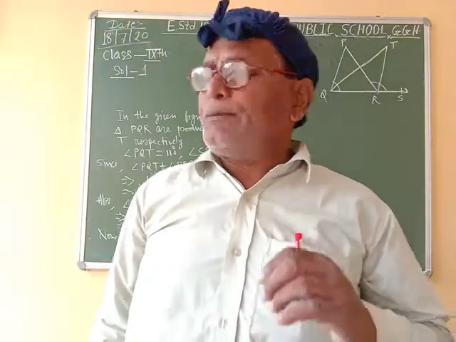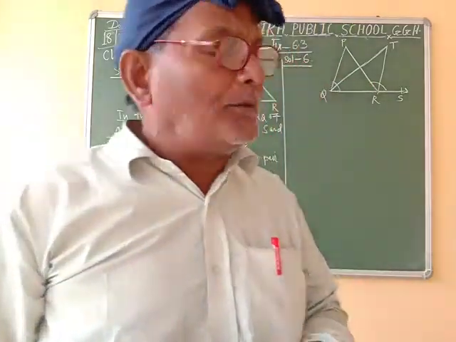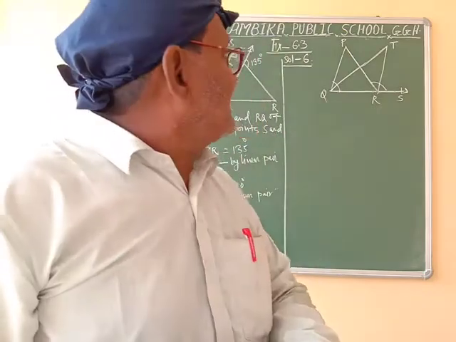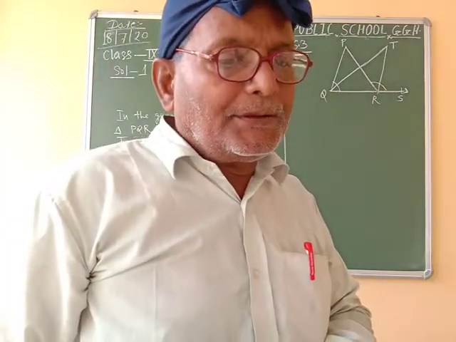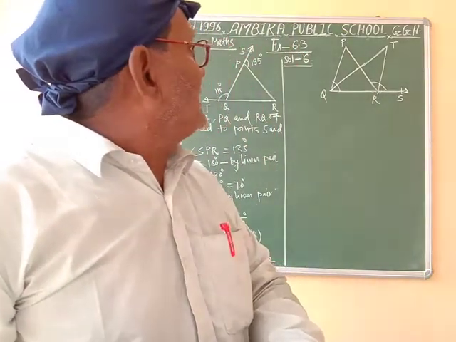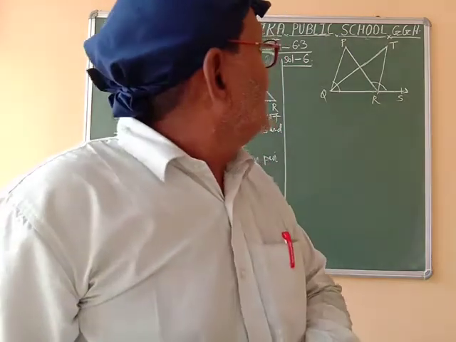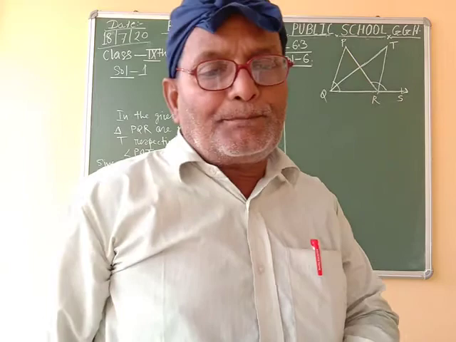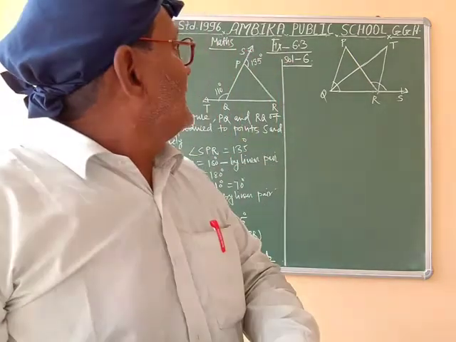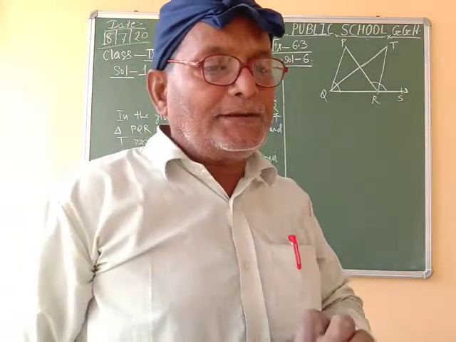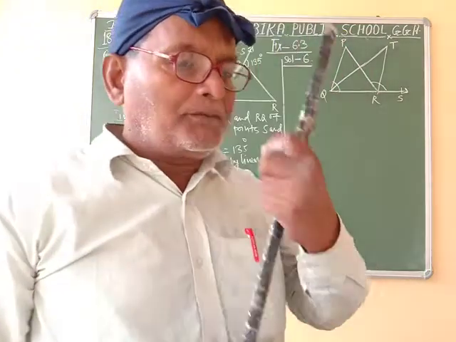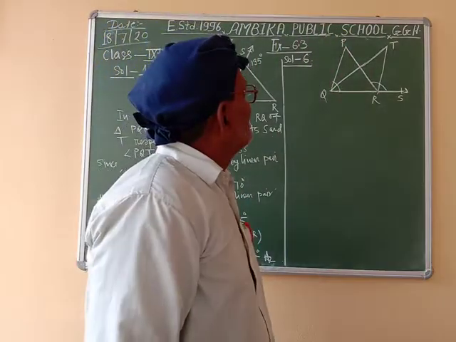In Figure 6.44, the side QR of triangle PQR is produced to a point S. If the bisectors of angle PQR and angle PRS meet at a point T, then prove that angle QTR is equal to 1/2 angle QPR.